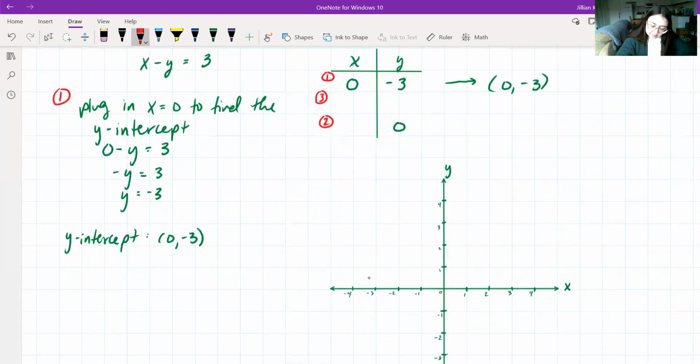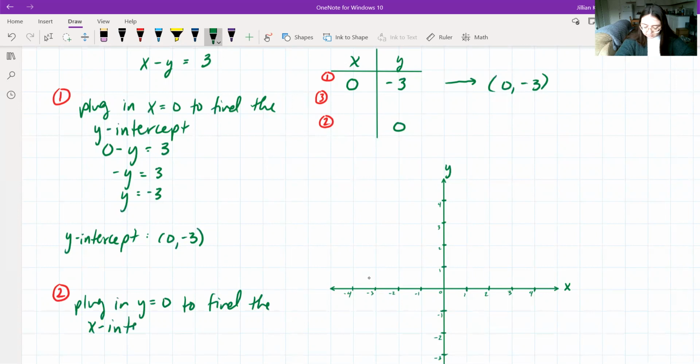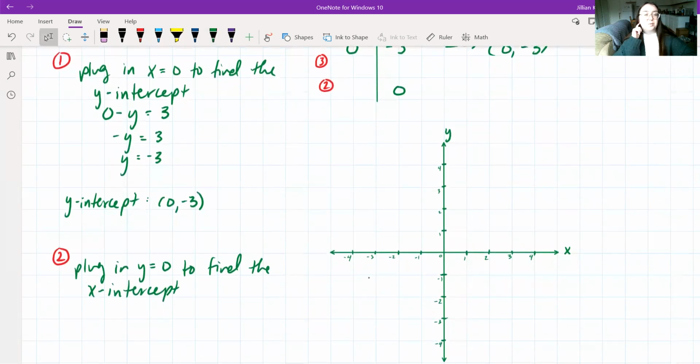And now for our second calculation here, we're going to find our x-intercept. So we're going to plug in y equals 0 to find the x-intercept. So our equation was x minus y is equal to 3.